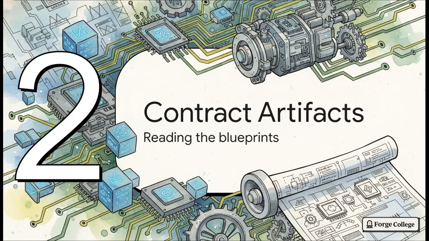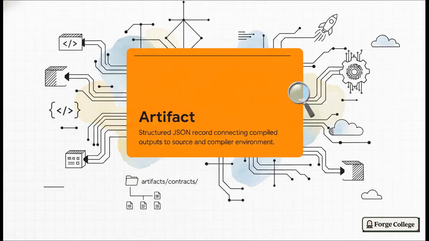Moving right along to section 2, inside the contract artifact, reading the engineering blueprints. Let's actually pop the hood here and see what your Hardhat environment is churning out. In the Hardhat world, an artifact is definitely not just some random blob of data. It is a highly structured JSON record, and you'll usually find it just sitting right there in your artifact/contracts directory.